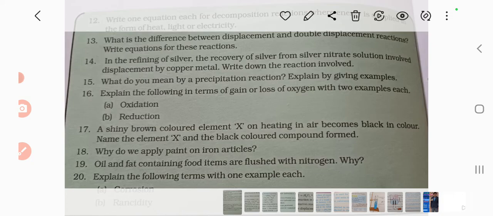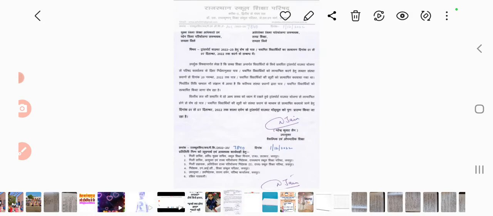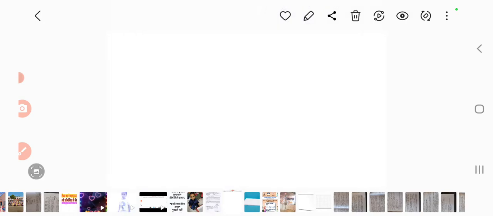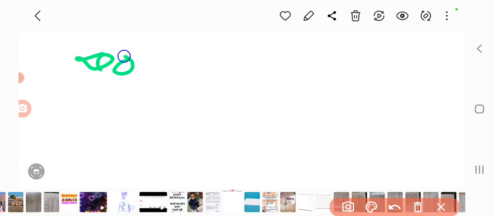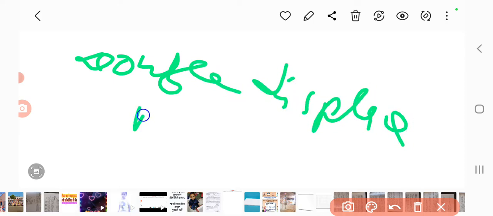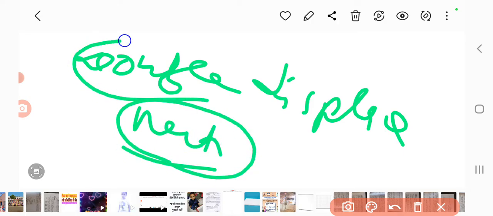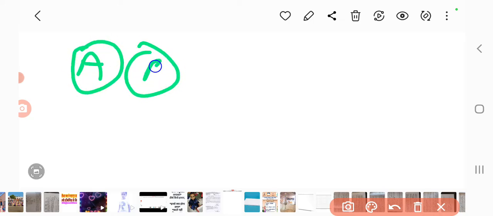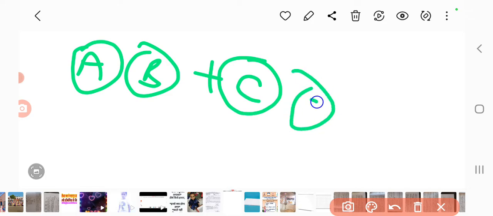Now we will take the next question on double displacement reaction. Double displacement reaction, such as AB and CD. As we know, plus minus plus minus.